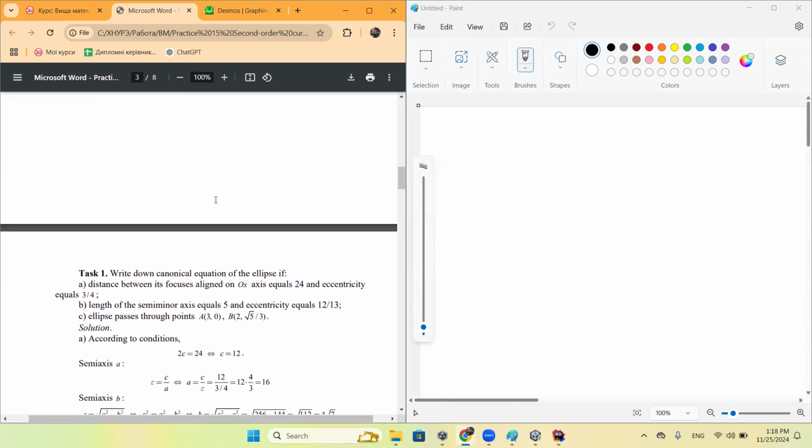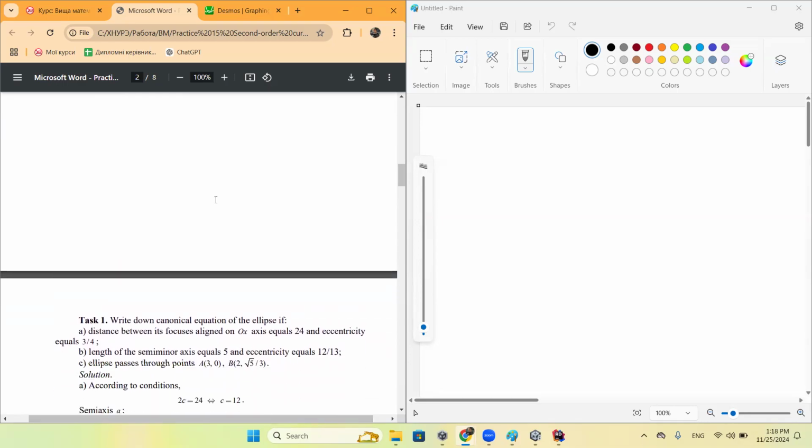So what do we have to do? First of all, we need to write down the canonical equation of the ellipse. In the first case, the distance between foci equals 24, and the eccentricity equals 3 by 4. So what do we have?